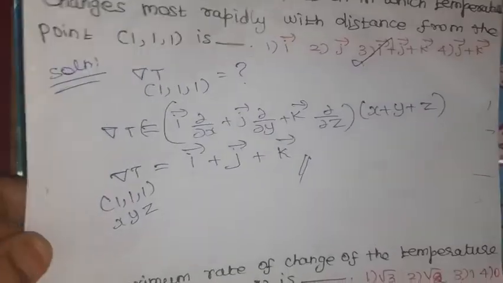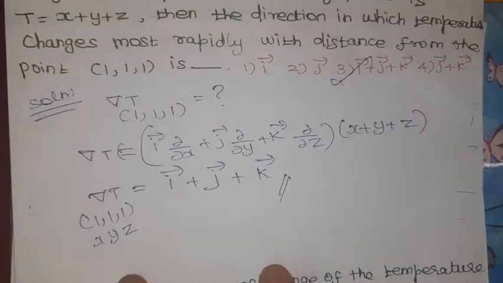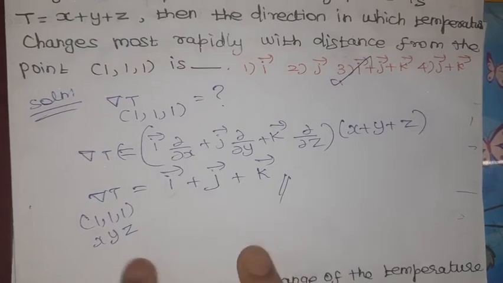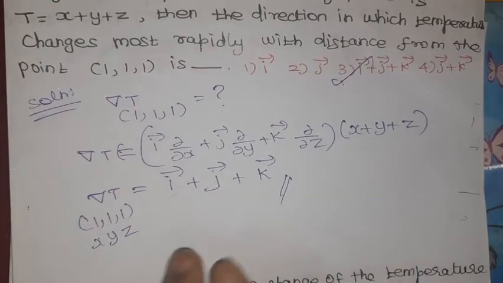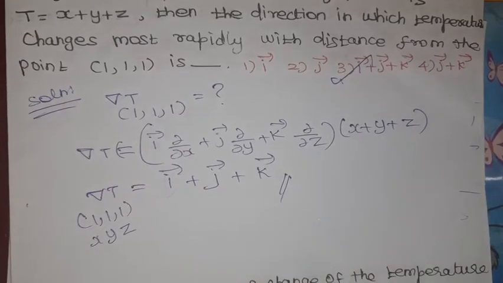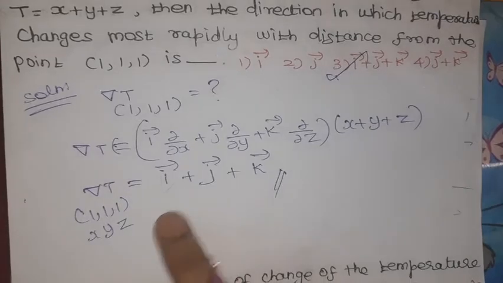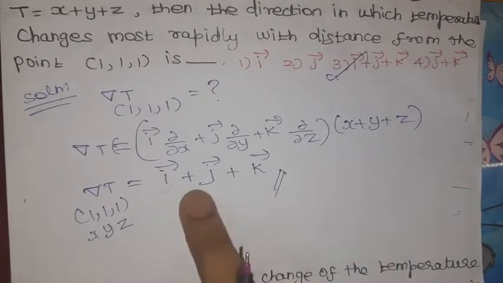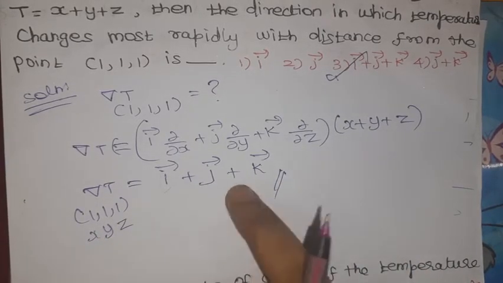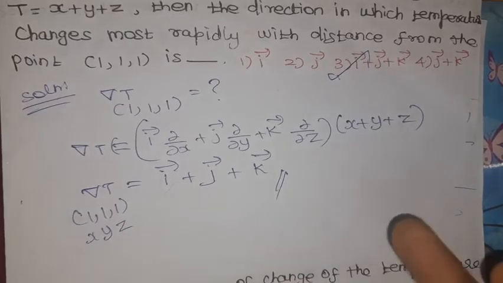In this problem, to confuse, they may have a chance to give an option as 3 also, because 1 plus 1 plus 1, we may make a mistake.